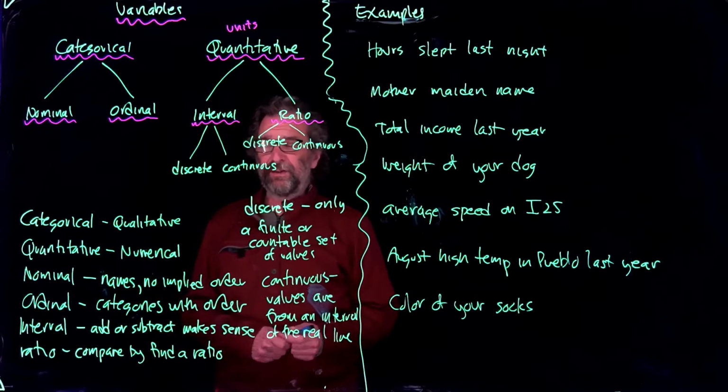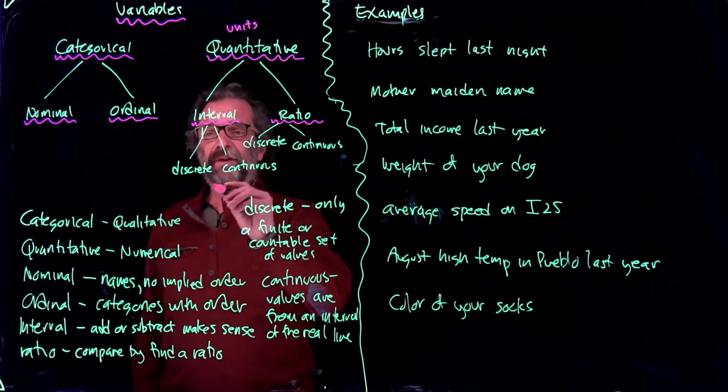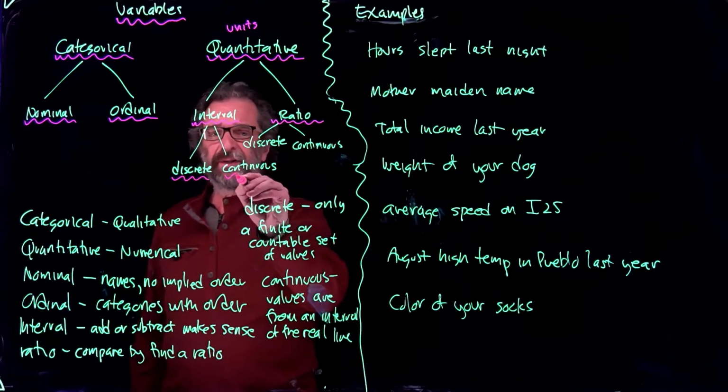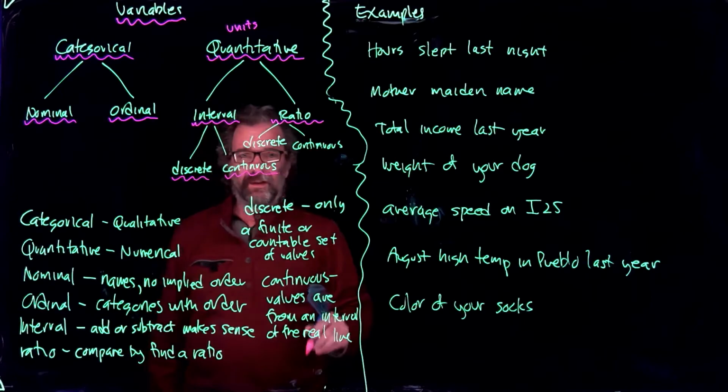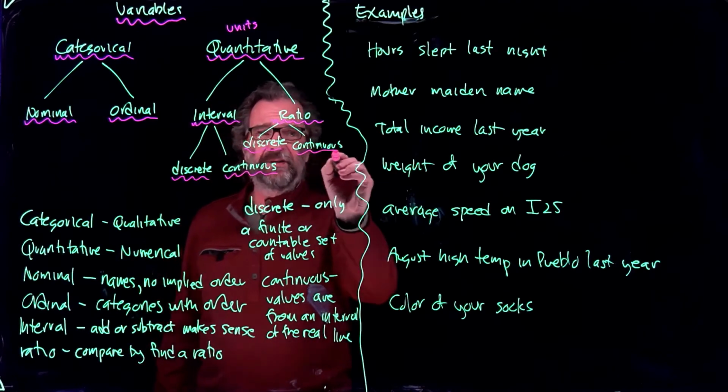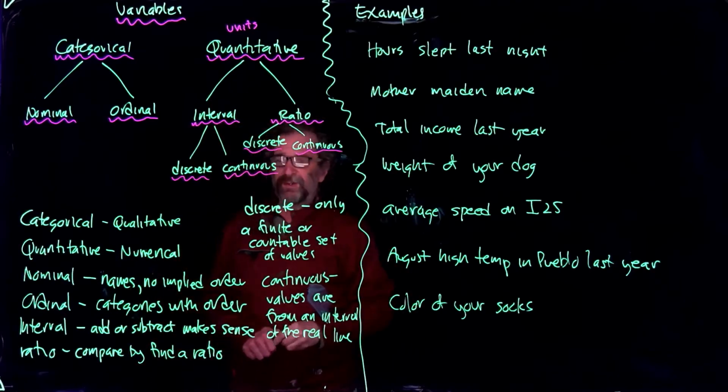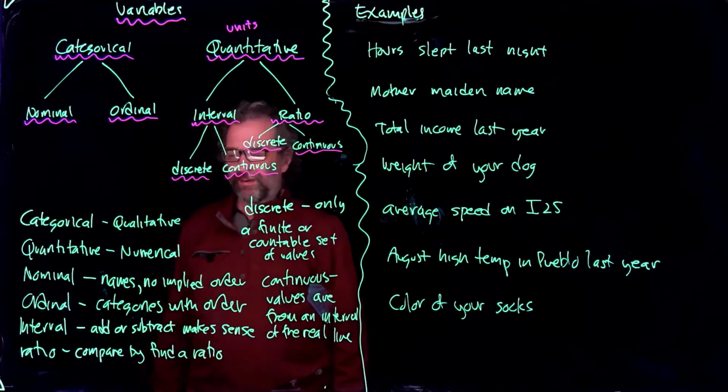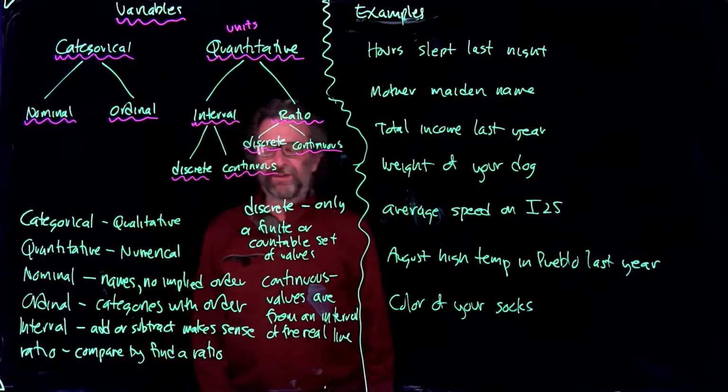On top of that, the quantitative variables can be discrete or continuous, either one. And discrete means there's only a certain number, a finite number or a countable number of values you're allowed to see.